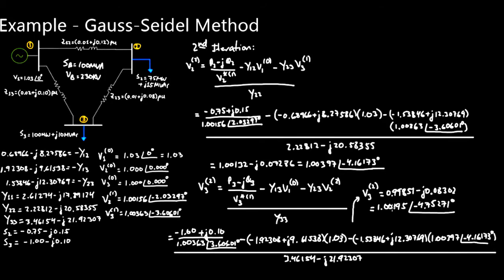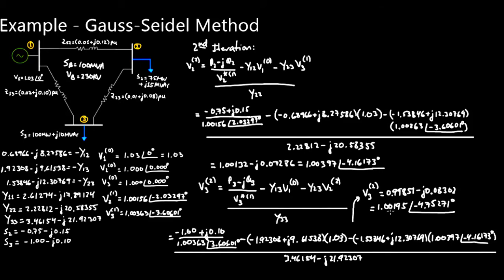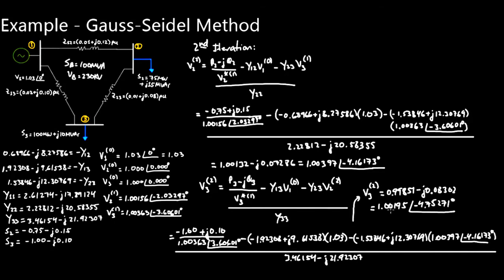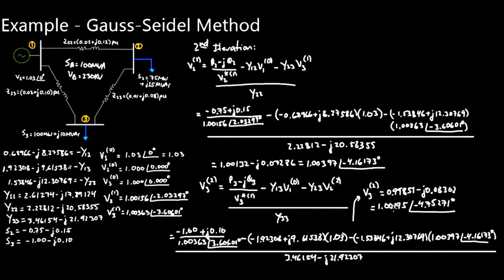So we have to keep running iterations again until we see that our solution converges. And for this example, we're probably going to have 5 or 7 iterations before we get to a solution that we know has converged. But we're just going to run one more iteration. So we're going to do 3 iterations in total, and you know what the process is, so you can do more iterations if you want until your solution converges, which I did in my notes, and I'm going to put down in the next lecture what the actual solution is.